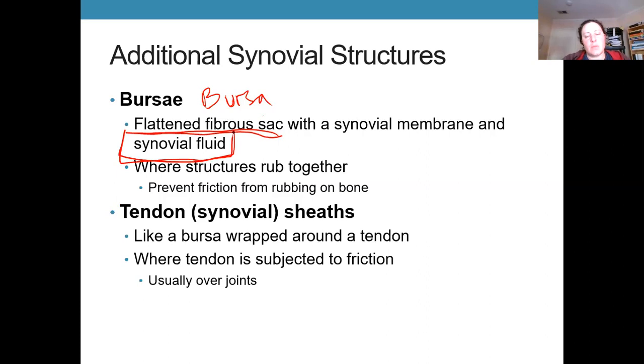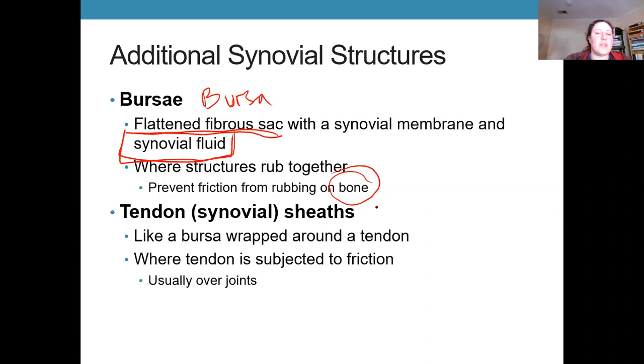So for the most part, this is to prevent friction of structures running over the joint as they potentially rub on bone. So we're padding between bone and other things. This could be ligaments, this could be skin, this could be tendons. And then for some tendons, there's a lot of mobility, and a bursa isn't enough to reduce the friction.